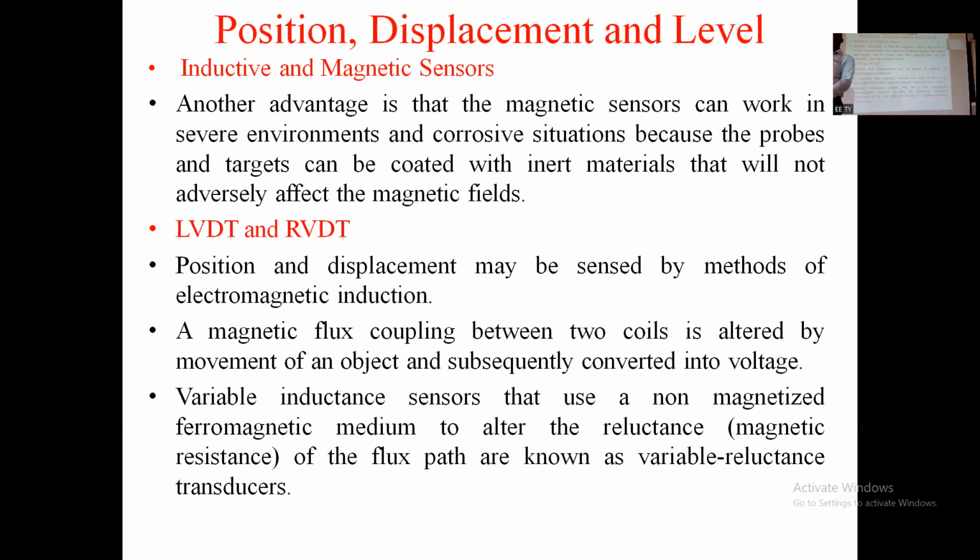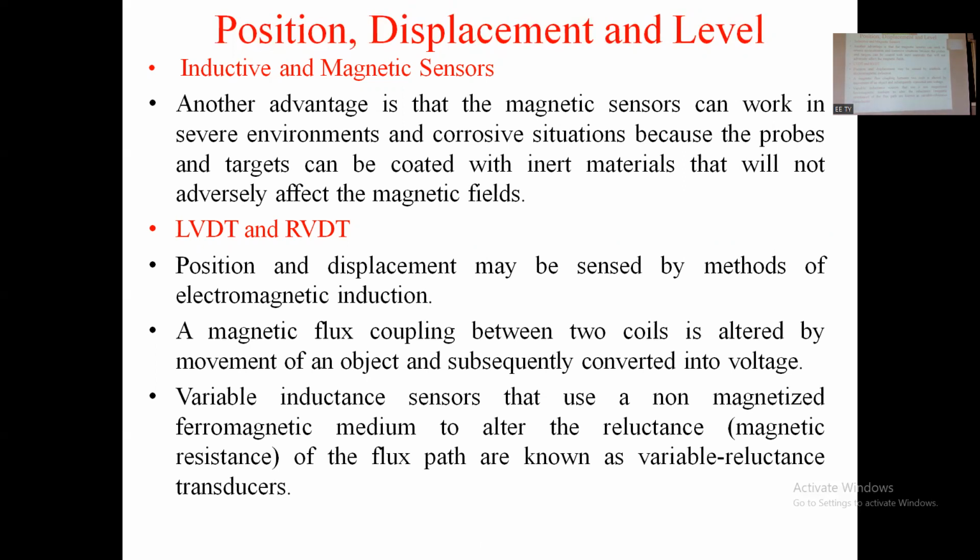These are the two types of sensors again used to measure position and displacement. The working principle of these sensors is the same as that of electromagnetic induction. LVDT and RVDT work on the electromagnetic induction principle.